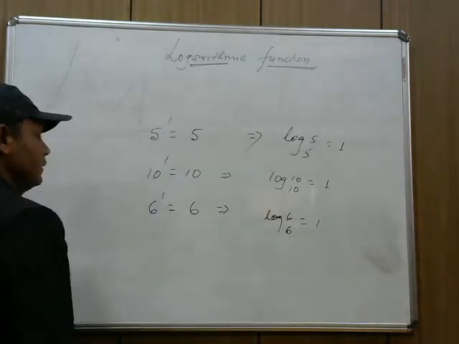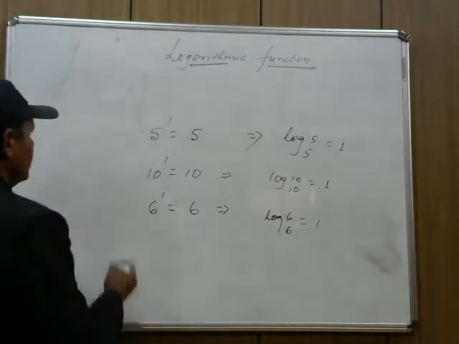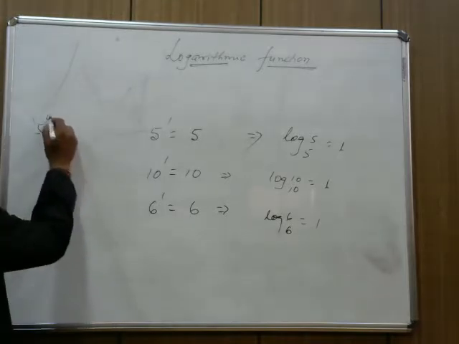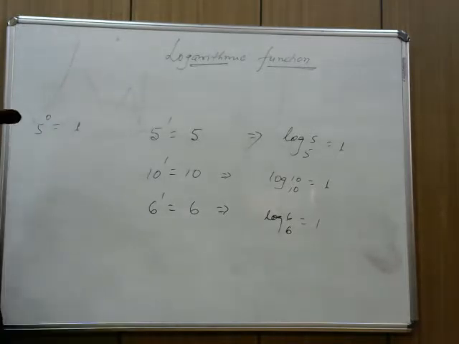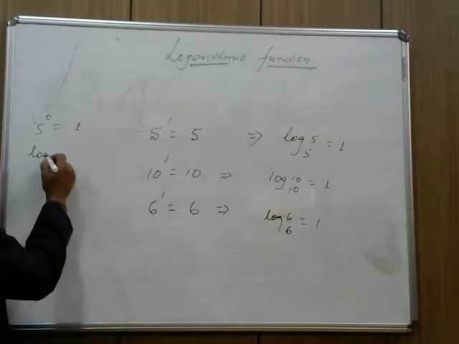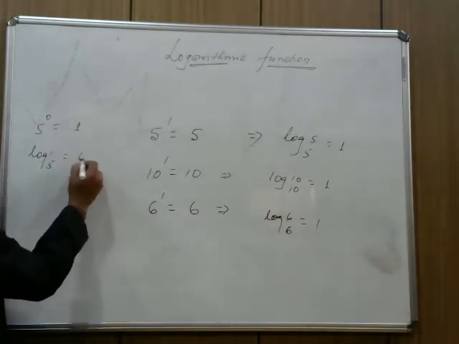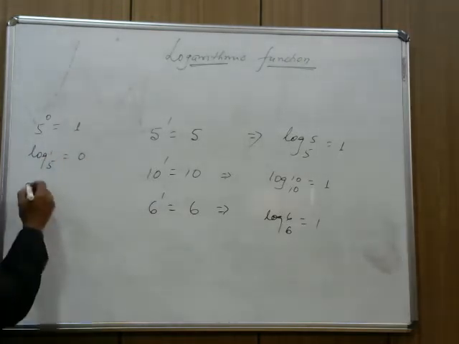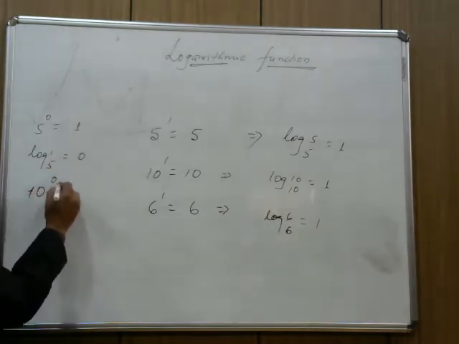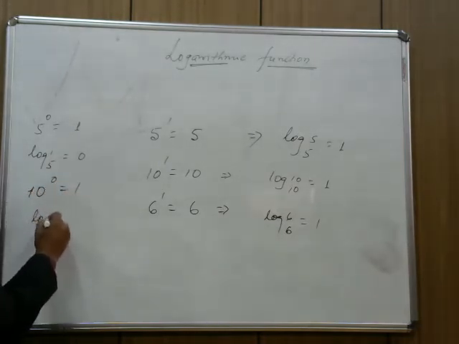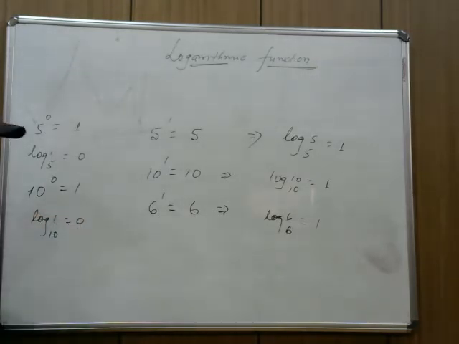And 5 to the power 0 is equal to 1, so log of 1 to the base 5 is equal to 0. 10 to the power 0 is equal to 1, so log of 1 to the base 10 equal to 0.